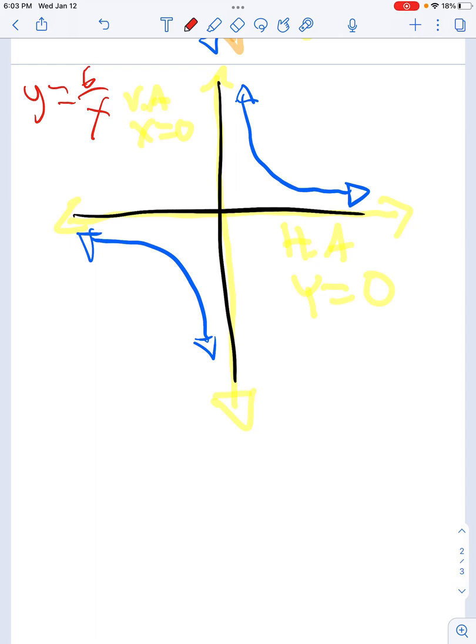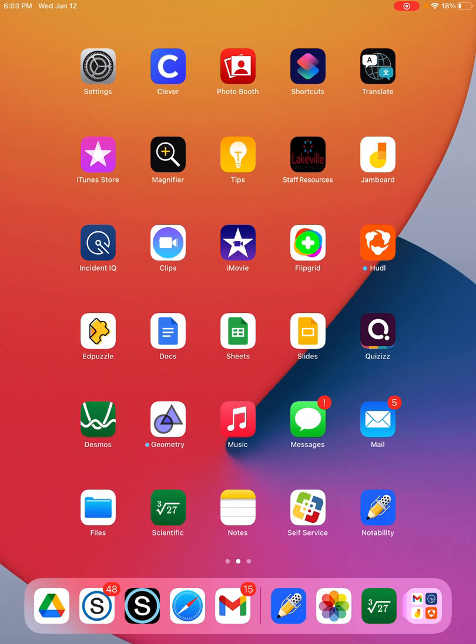And then my new graph, y equals 6 over x, is going to have points at x is 2, y is 3, x is 3, y is 2. So it's going to be a little bit steeper because it's 6 over x. And it's going to be the same thing down there.